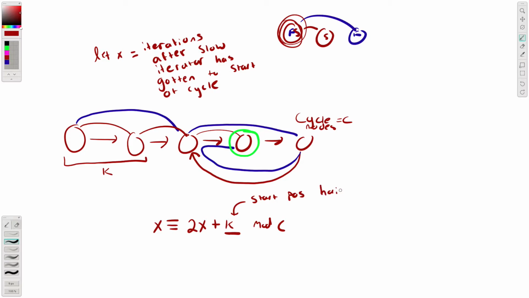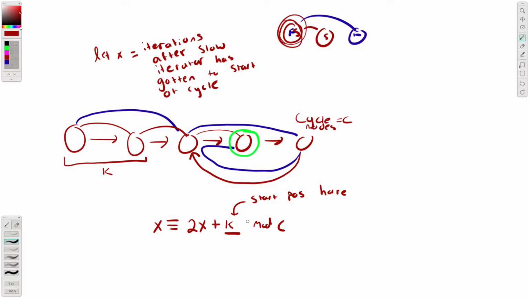So this is the start position of the hare. I don't know how you spell hare. I think it's H-A-R-E actually. Hare, when the tortoise gets to here. Why is it k? Well, you might think it's 2k because by the time the tortoise got to here, the hare would have had time to go double the distance, right? Look, it goes like 4k by the time the hare goes here.